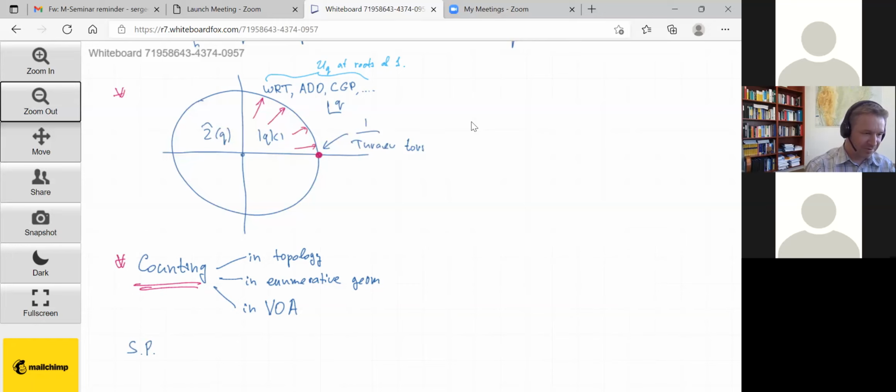Novikov, Sergei Petrovich Novikov, studied the following question. Suppose you have a circle-valued Morse function. This is quite general, but in our case, suppose we have a circle-valued Morse function on a three-manifold.